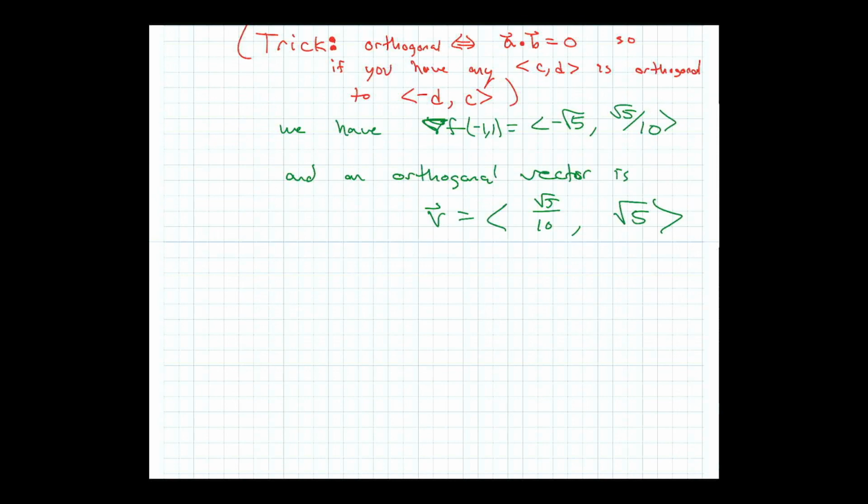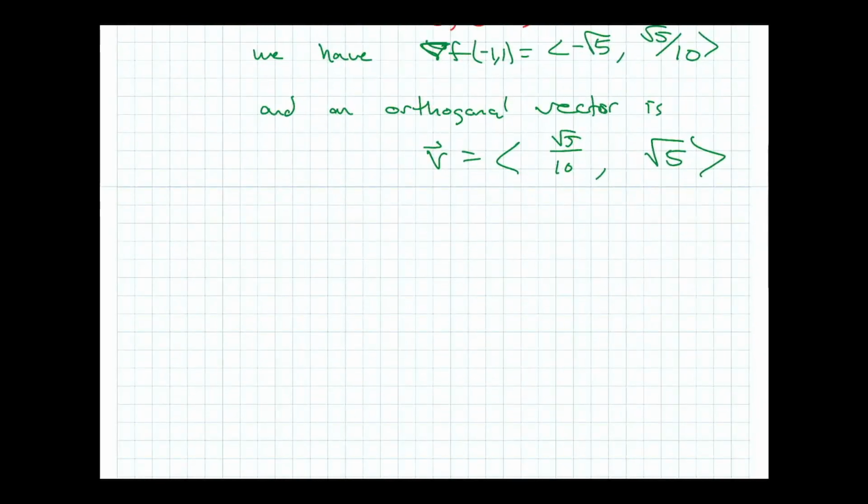Okay, so that's how you get a direction in the direction of the level curve. And then if you want it to be a unit vector, you still have to normalize it. But we were asked for a unit vector.